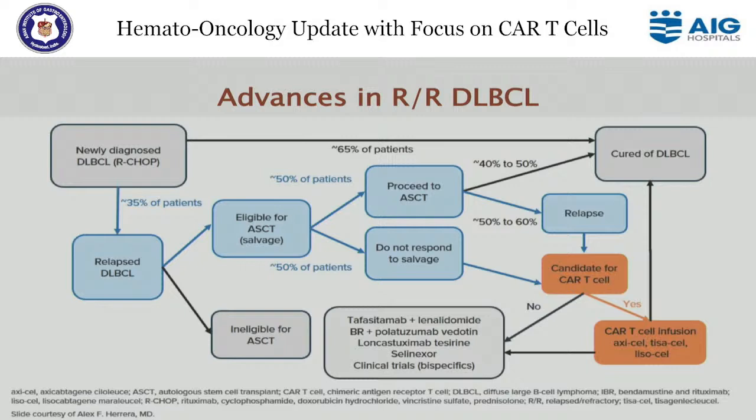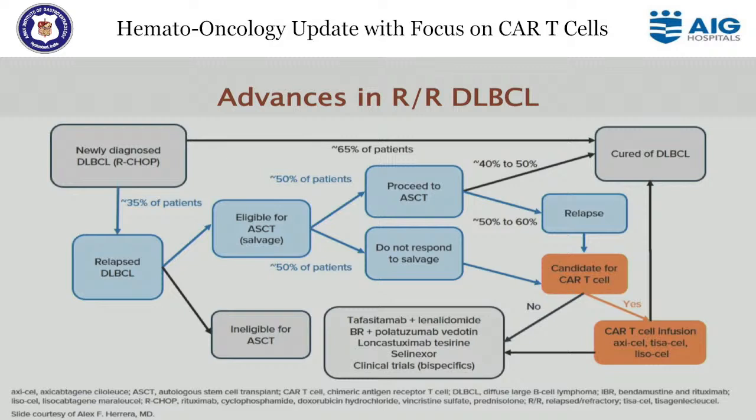So the point is, even in most developed centers across the globe, the first relapse of DLBCL, which is chemosensitive, the current standard of care is autologous stem cell transplant. And those who relapse post transplant, those who have a chemo-refractory disease to salvage, probably these are the patients for CAR T, and there are non-CAR T novel therapeutic options.